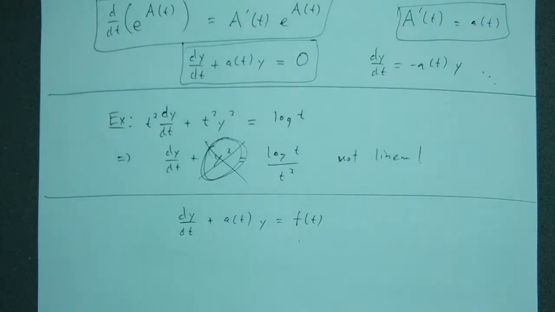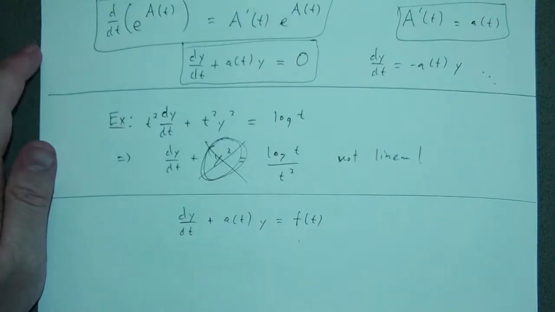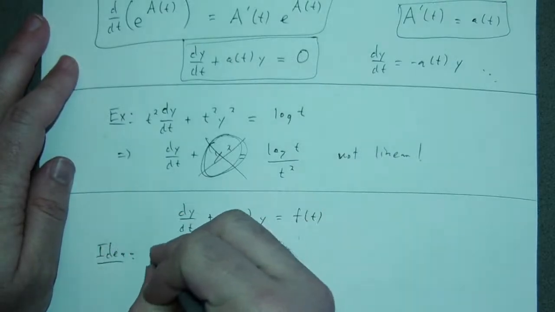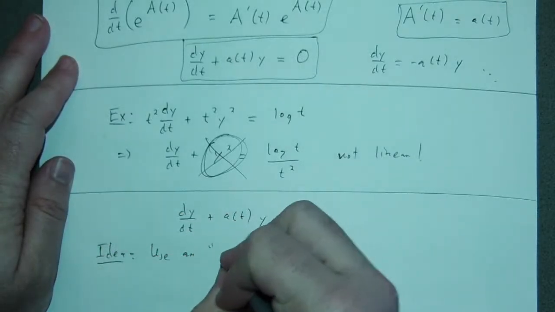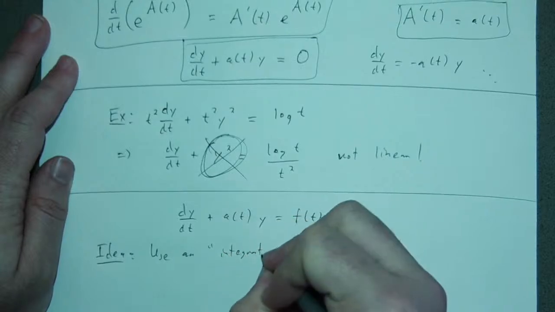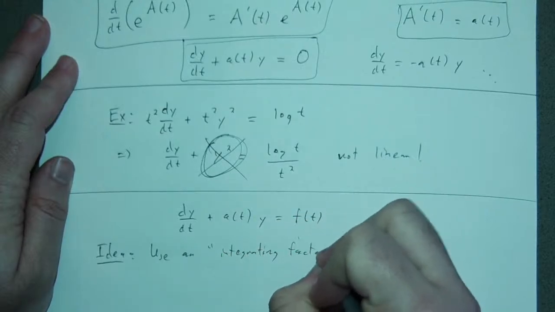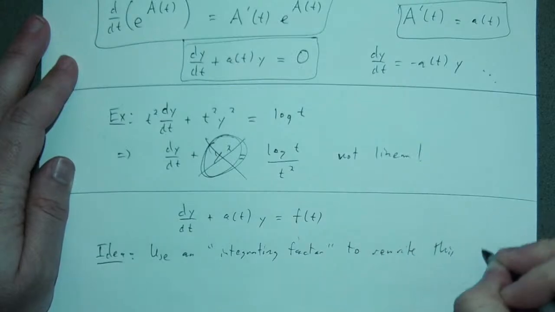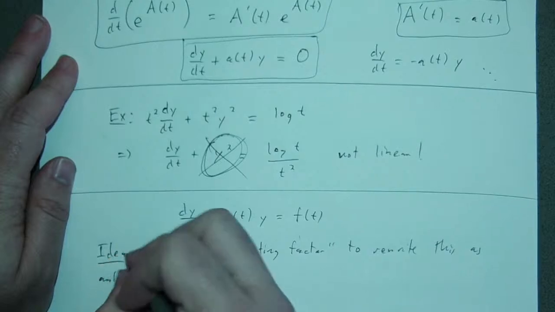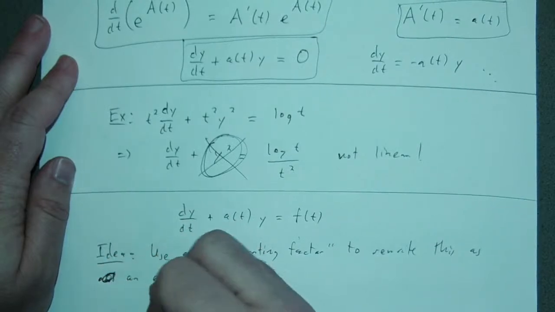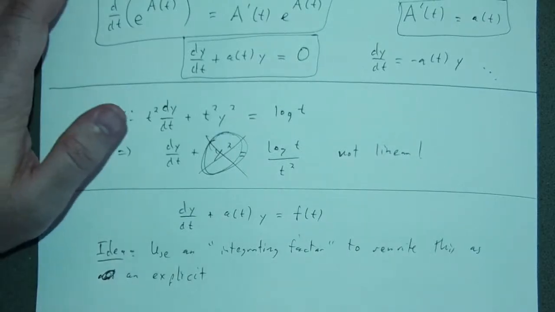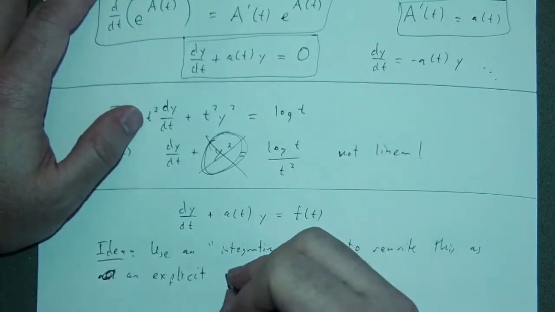The idea is to use what's called an integrating factor to rewrite this as an explicit differential equation. Explicit means this is dy/dt is equal to some function of t.